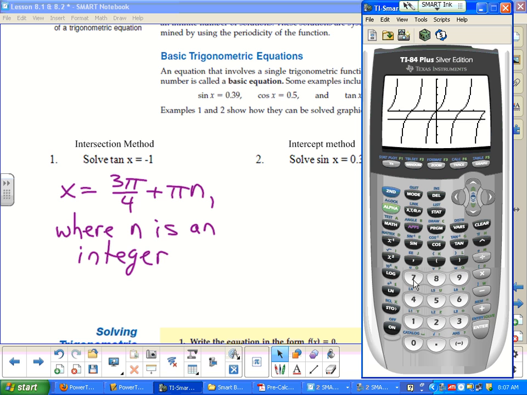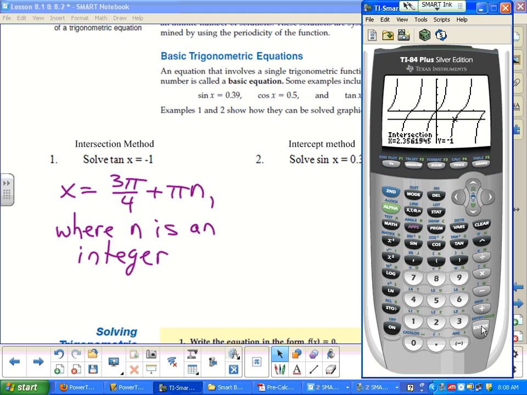Okay, second trace, number 5. And we're going to find the intersection point here that would match our 3 pi over 4, right? So we select our first curve and my second curve, and then I'm going to scroll over to this one here. And I get the number 2.356.